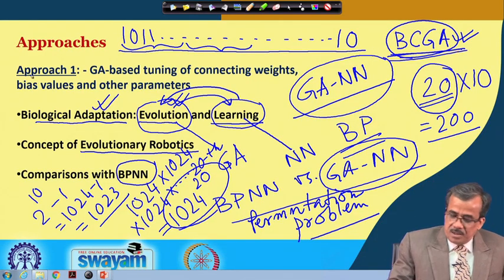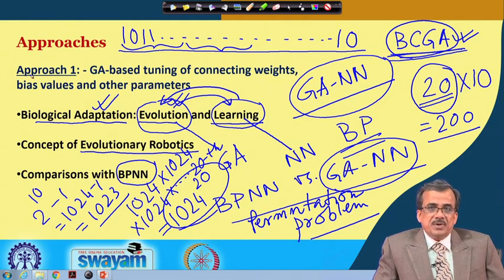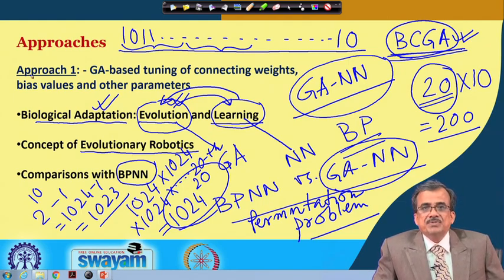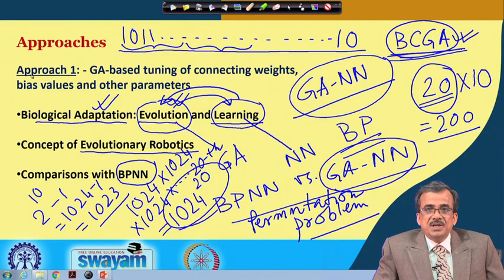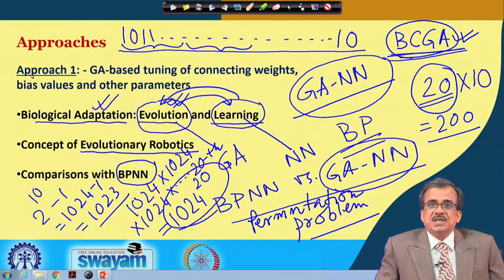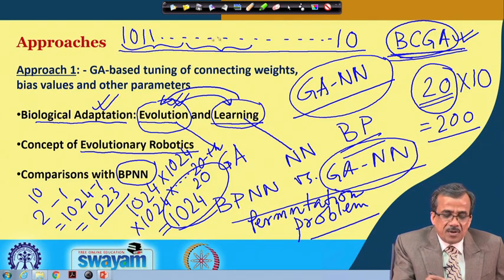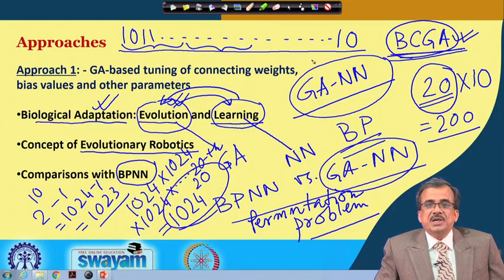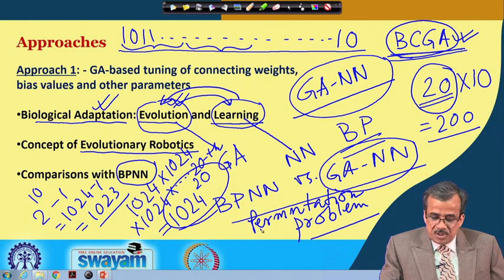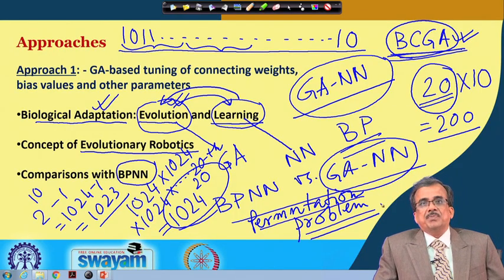Once again, a detailed discussion on the real coded GA is beyond the scope of this course, but it is available in detail in the textbook for this course, that is Soft Computing: Fundamentals and Applications. So, we use the real coded GA just to overcome this permutation problem.